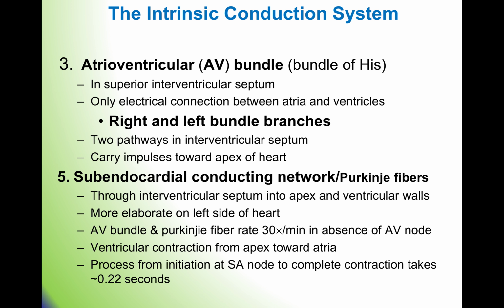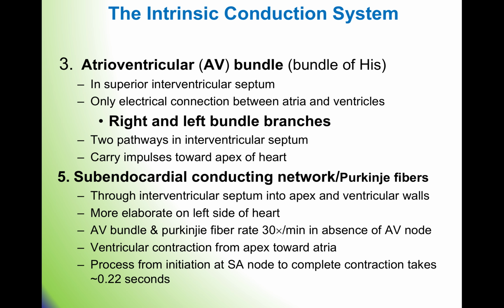One thing that I do want you guys to understand is that Purkinje fibers can also create their own electrical impulses that can cause muscle contraction if all of the previous system fails.